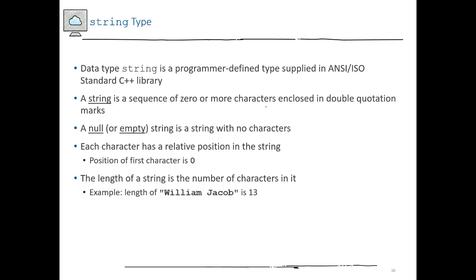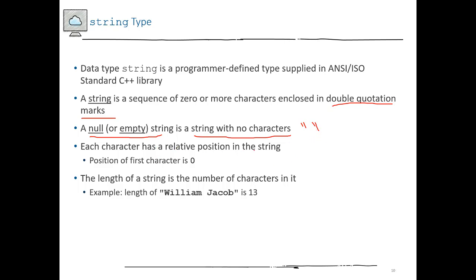You can have no characters in there, just double quotation marks. It's called null or empty. But you have to provide double quotation marks. A null or empty string is a string with no characters. So when you do this and don't put anything in there, then that is an empty string.